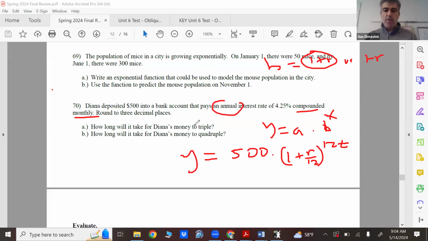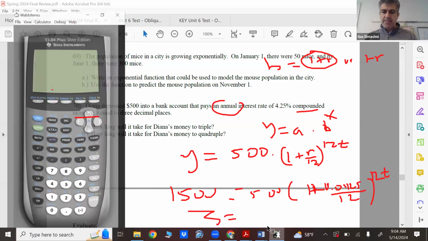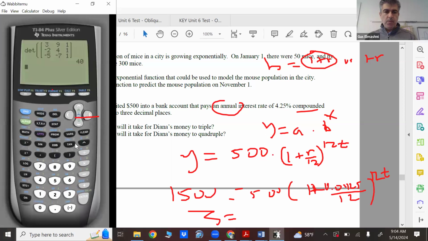It's not that hard. If you want to triple your money, you want 1,500 equals 500 times 1 plus 0.0425 over 12, raised to the 12T. And you got to solve for T. And to solve for T, you have to use logs. So 3 equals 1 plus 0.0425 divided by 12, raised to the 12T.